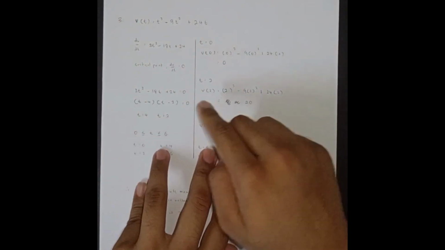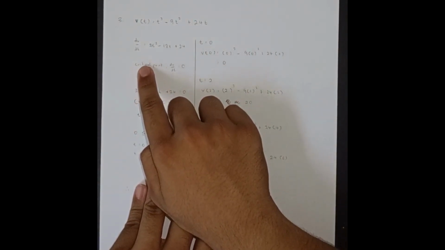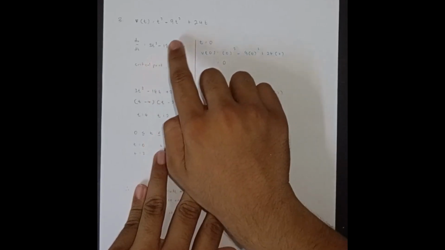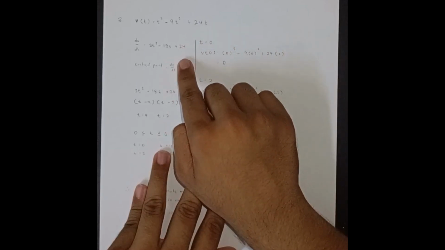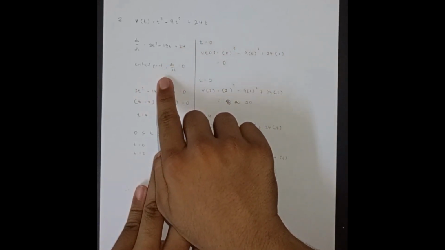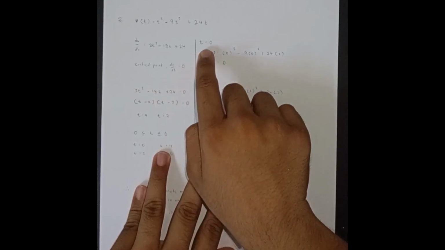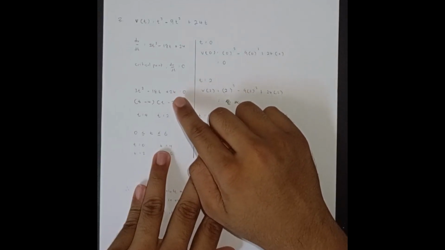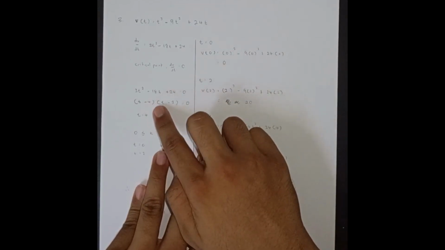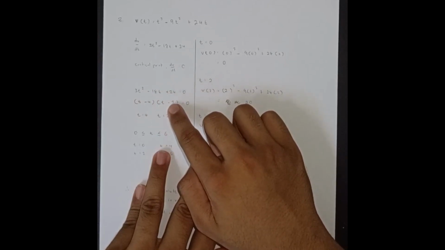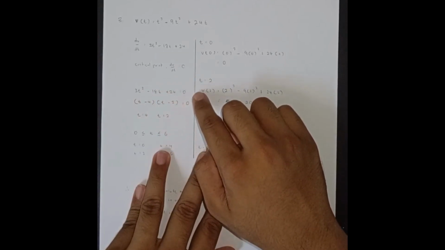First, we differentiate by using dV over dt. That's equal to 3t squared minus 18t plus 24. So we get the critical point where dV over dt equals 0. Then we convert this equation into a quadratic equation, so we get 3t squared minus 18t plus 24 equals 0.